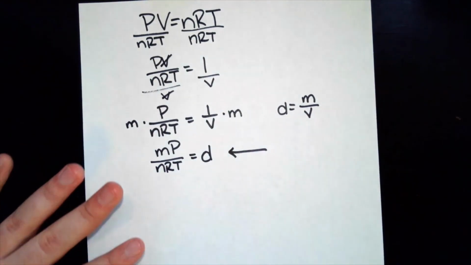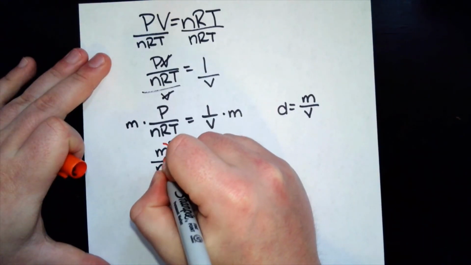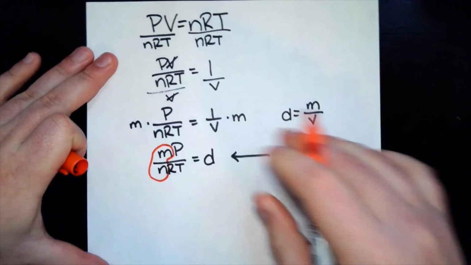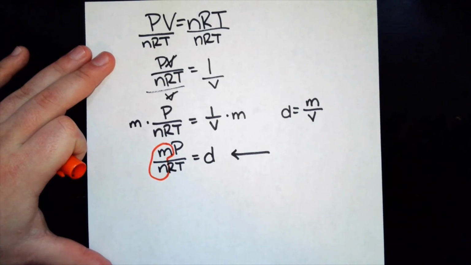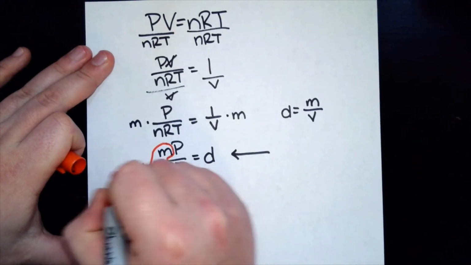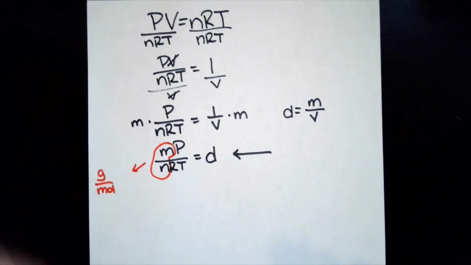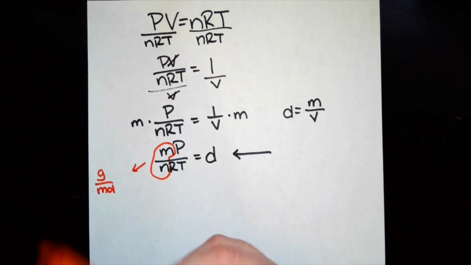However, maybe you'd recognize this as well. M over n. That's the mass divided by the number of moles. If grams divided by moles sounds familiar, that's good, because that is the molecular weight, or the molar mass.